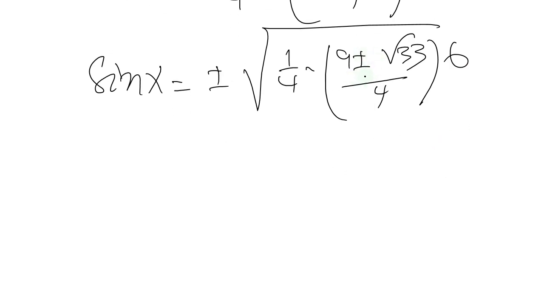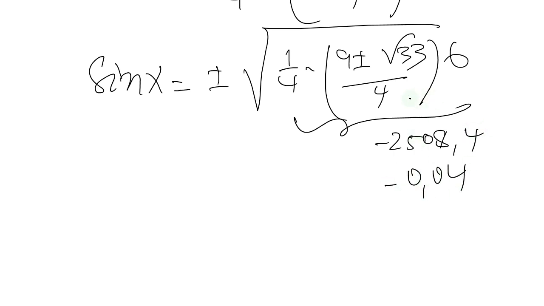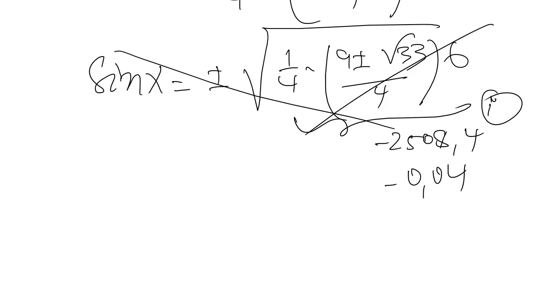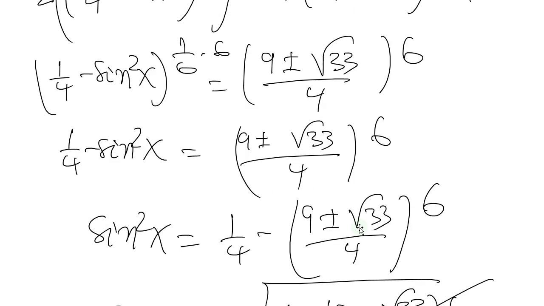Either plus or minus, this one here will be negative. With the plus, we're going to have something like 2508 something, and the other one is negative 0.04. So this is going to be all imaginary, in terms of i, right? So we don't want this. I just solved this to show that we're not going to be able to use this.